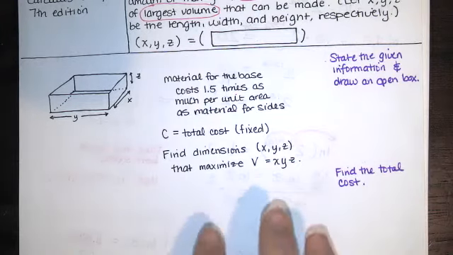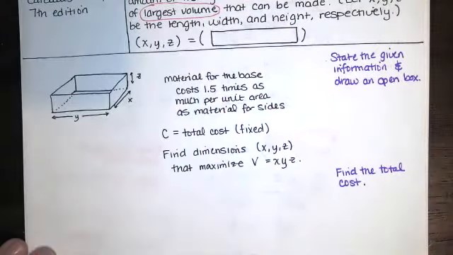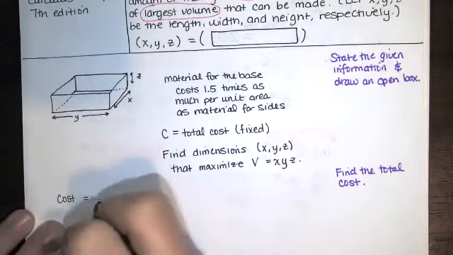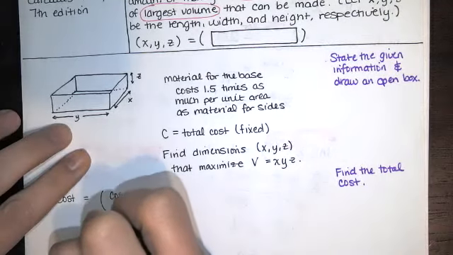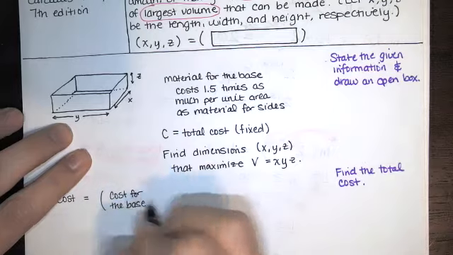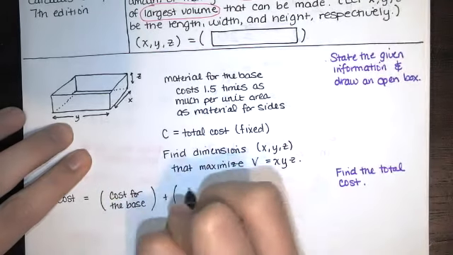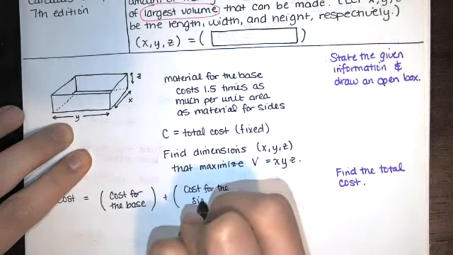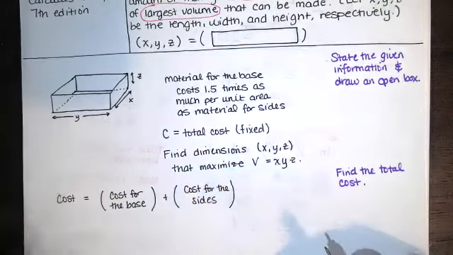Okay, well, in the problem statement, we're told that the material for the base costs a different amount than the material for the sides. So I know that if I want to find the total cost, I need the cost for the base, and I need to add that to the cost for the sides. Let's find the cost for the sides first.